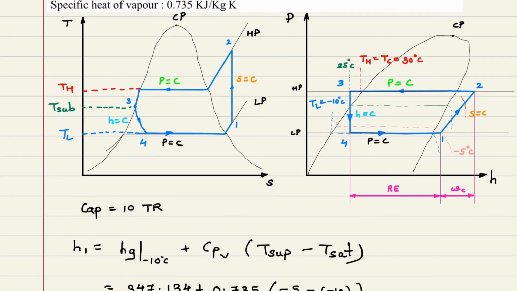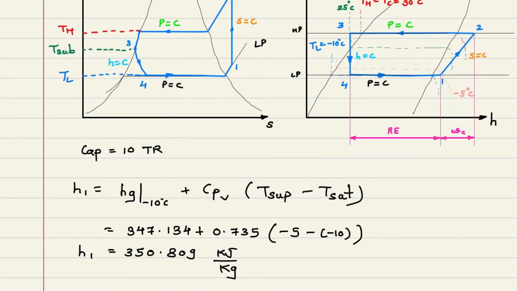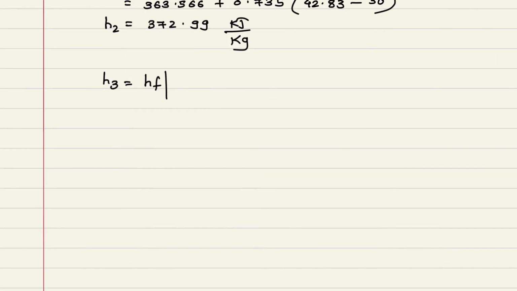But I told you before that the values given in the table are for saturation condition. So we have to read Hf at 30 minus Cp of liquid into Tsat minus T sub. Okay, so be careful while writing the equation. Hf at 30 degrees Celsius minus Cp of liquid into Tsat minus T sub.